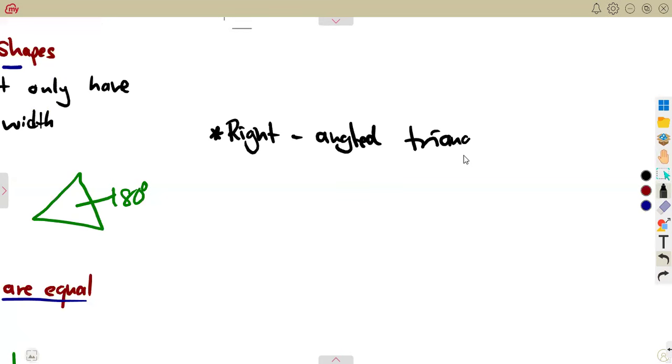What is it that we are considering here? Right-angled. Remember, when you're referring to angles in your grade 7, you are naming the angles. A right angle is where you see this indication of a box like this, which is showing 90 degrees, a right angle.